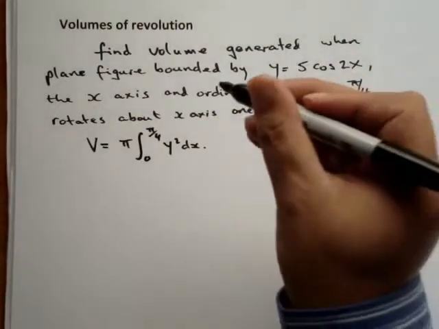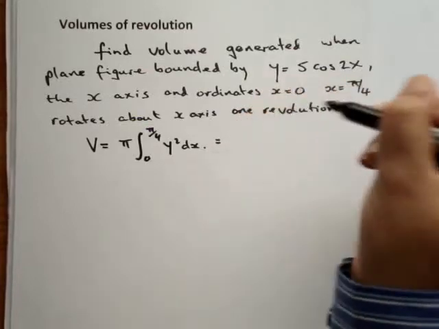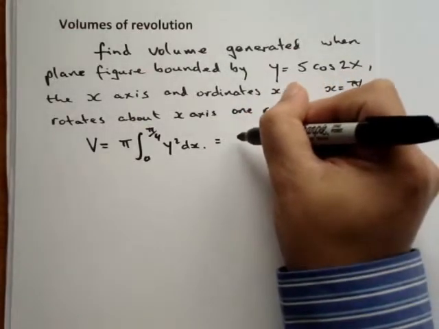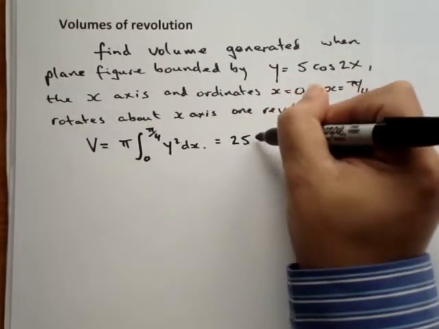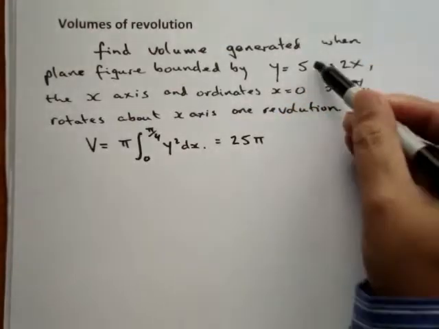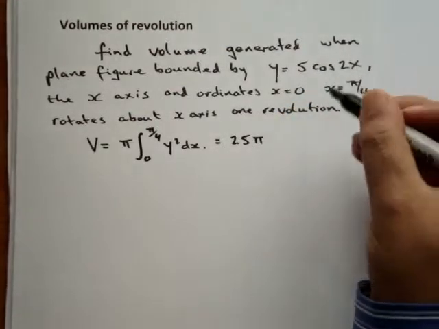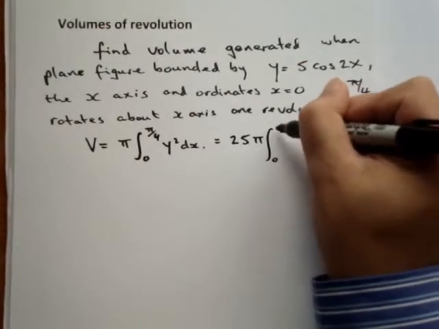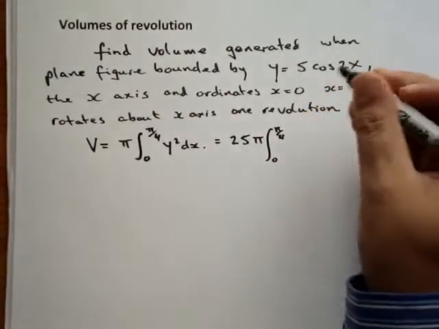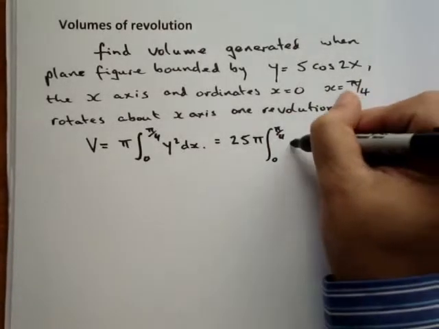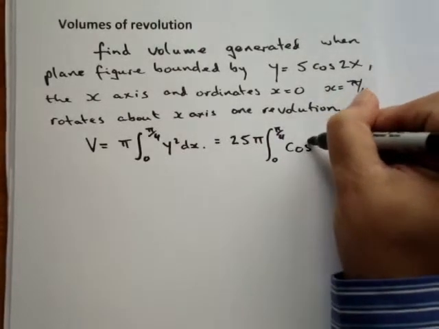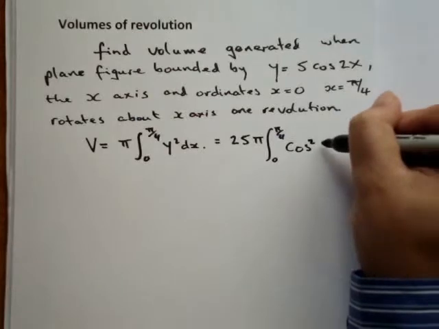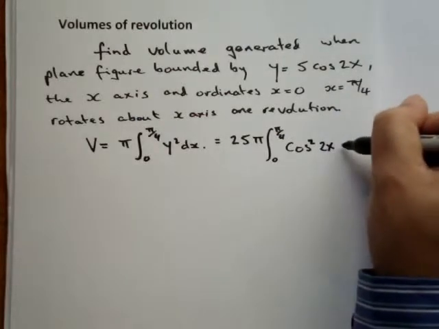From this we get 25 pi, because we're squaring the 5, integral from 0 to pi over 4 of cos squared 2x dx.